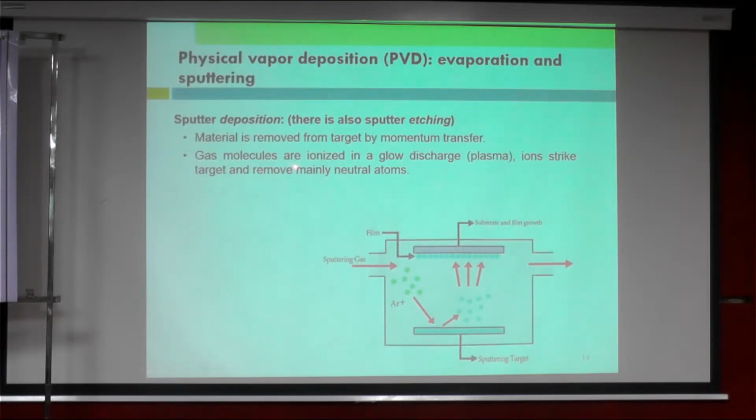The gas molecules are ionized in a glow discharge or plasma. Ions strike the target and remove mainly neutral atoms. Then the sputtered atoms condense on the substrate. It is not a high vacuum, but argon pressure of around 5 millitorr.